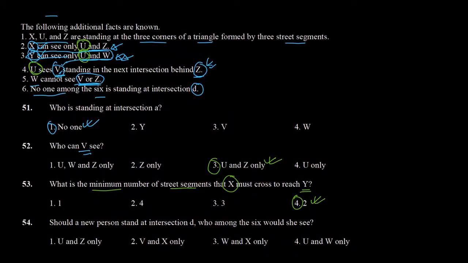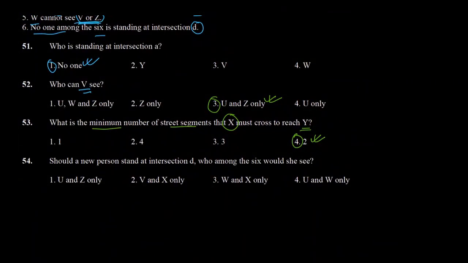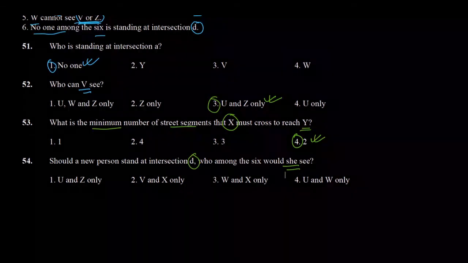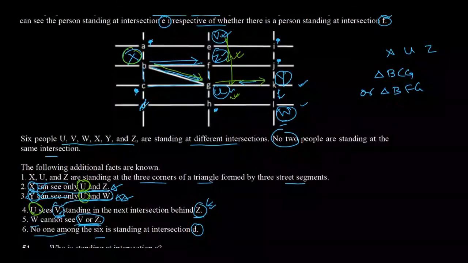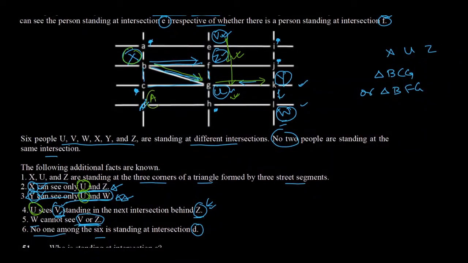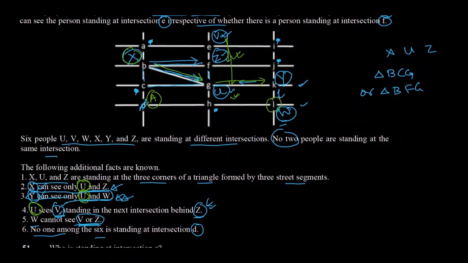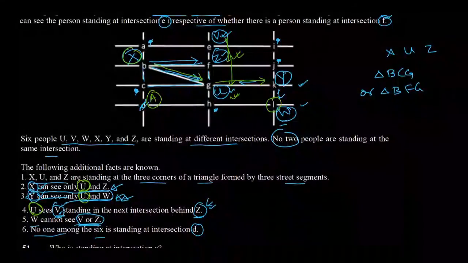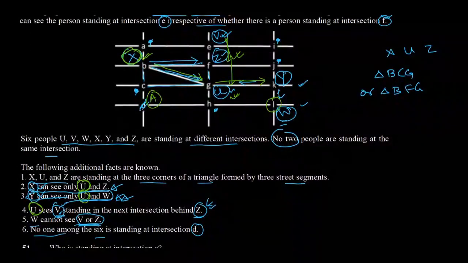And question number 54 says, should a new person stand at intersection D, who among the 6 would she see? So if someone comes and stands in the intersection D, so a new person, let's say A, stands here, he will be able to see W, who is standing in L. He would also be able to see X, who is standing in B, and that's it.